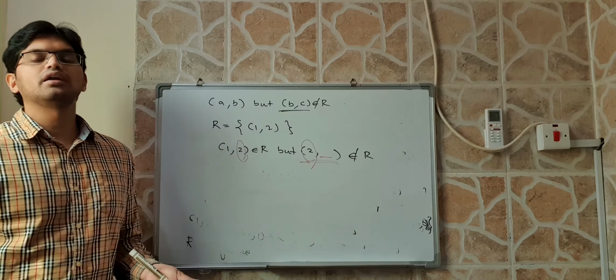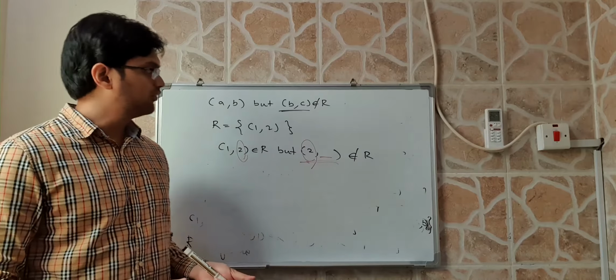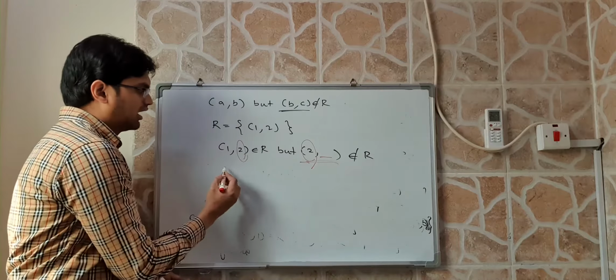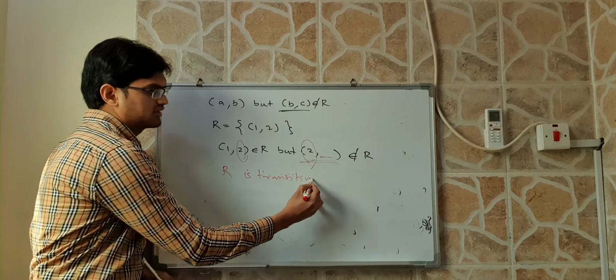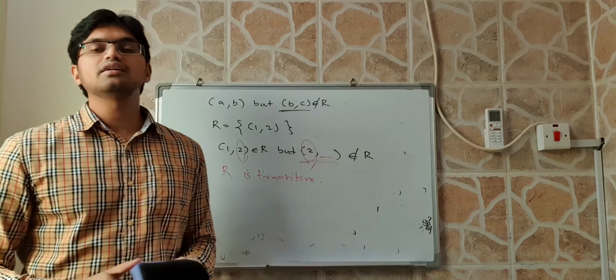So when it is not provided, it is not going against our definition. Therefore, it is trivially taken that R is transitive.